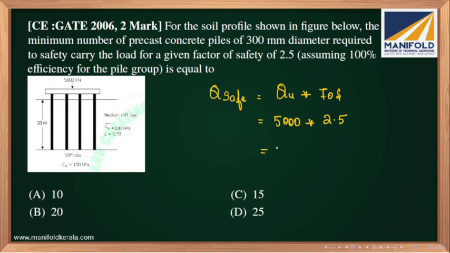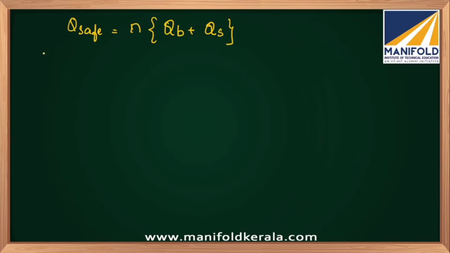By multiplying this, we get 12,500 kilonewton. I want to justify how many piles are required to safely transmit 12,500 kilonewton of load, by end bearing capacity and frictional capacity.